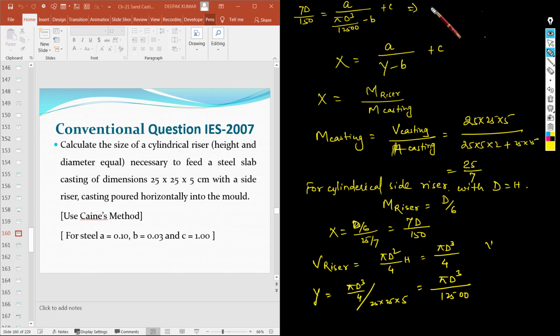So we got 7d by 150 minus c into pi d cube by 12500 minus b is equal to a. Now just multiply this one and we are getting an equation in terms of d to the power 4.